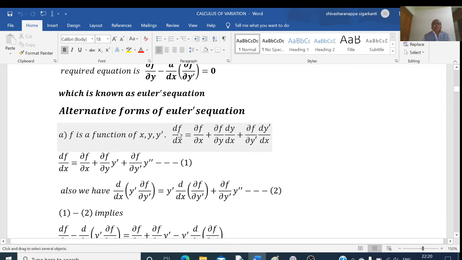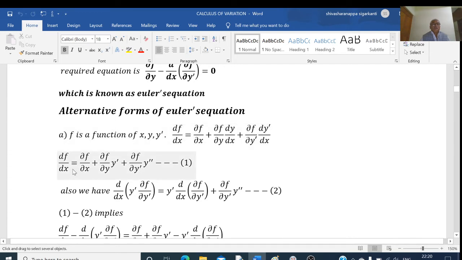Therefore, we can write df by dx is equal to dou f by dou x into dx by dx. But dx by dx is equal to 1. F is a function of y. Therefore, dou f by dou y into dy by dx, plus, F is a function of y dash. Therefore, we get dou f by dou y dash into dy dash by dx.